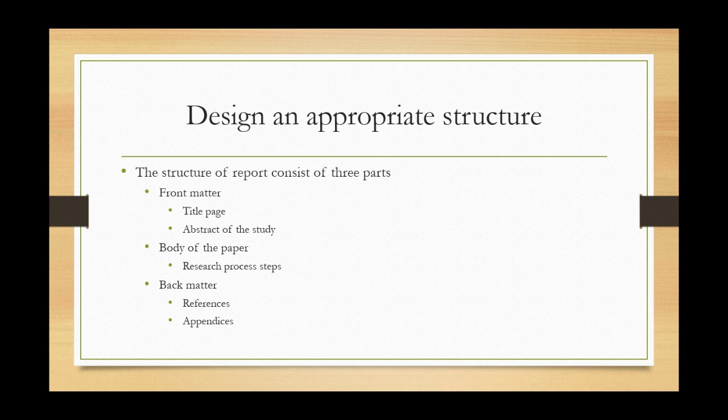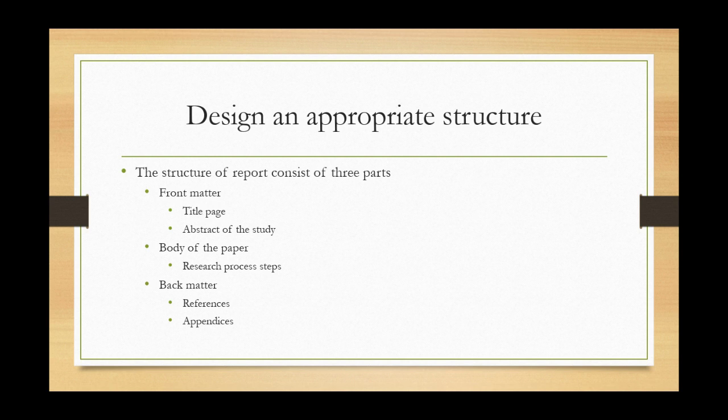Speaking of the body of the paper, it comprises major sections. These sections fall under the research process steps. These are the same 5 sections that are typically found in most published quantitative reports. Knowing this structure will help you to read studies and understand where to look for information.